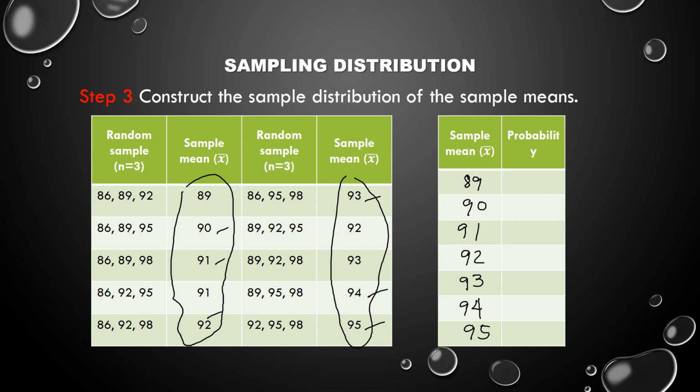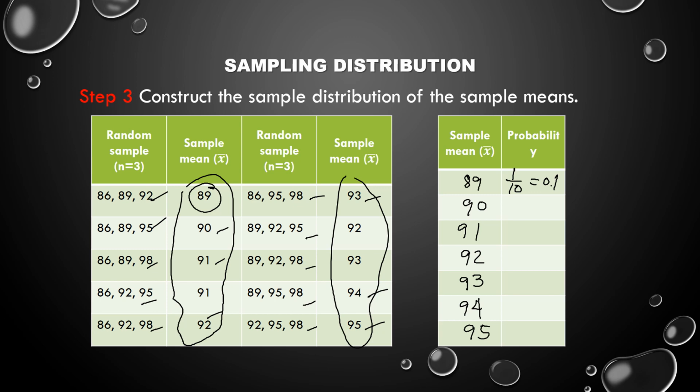Here, we only have one 89. So this is 1 out of how many possible combinations that we have? We have 1, 2, 3, 4, 5, 6, 7, 8, 9, 10. So we have 1 out of 10, or this is simply equal to 0.1. So that is how you are going to get your probability.